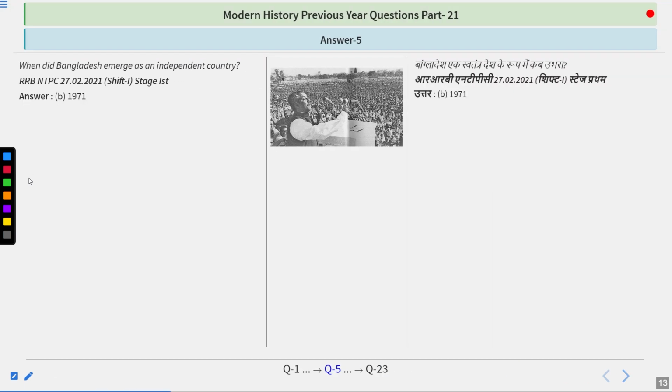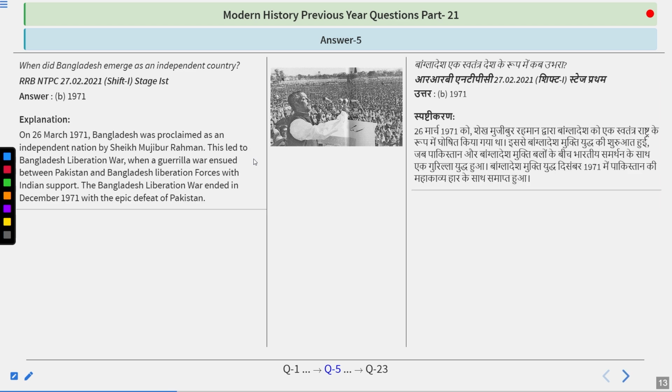The answer is 1971. In this picture, you can see Sheikh Mujibur Rahman, the father of Sheikh Hasina. On 26 March 1971, Bangladesh was proclaimed as an independent nation by Sheikh Mujibur Rahman. This led to the Bangladesh Liberation War, when a guerrilla war ensued between Pakistan and Bangladesh Liberation Forces with Indian support.